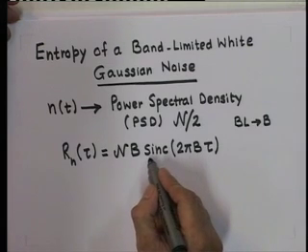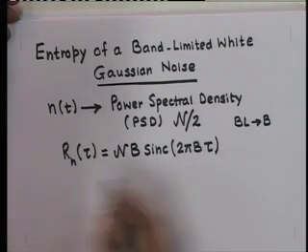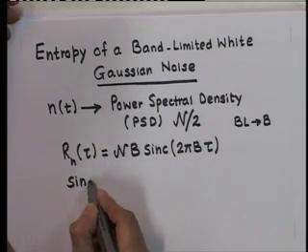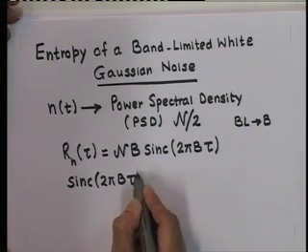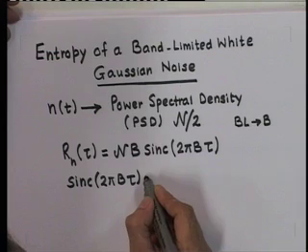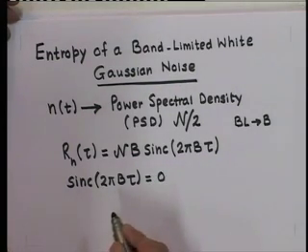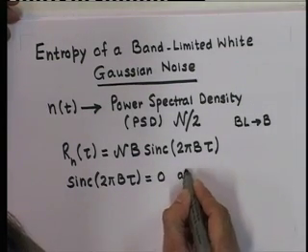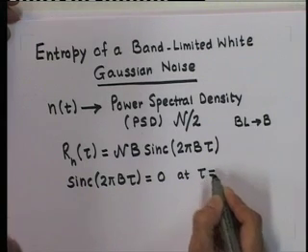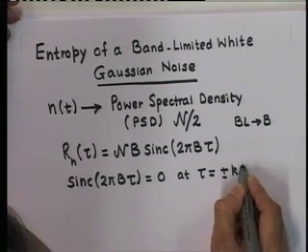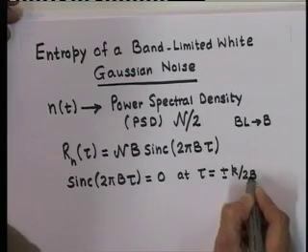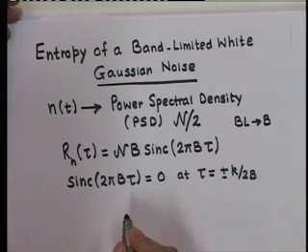Now, we know that sinc 2 pi B tau is equal to 0 at tau equal to plus minus k by 2B, where k is an integer.